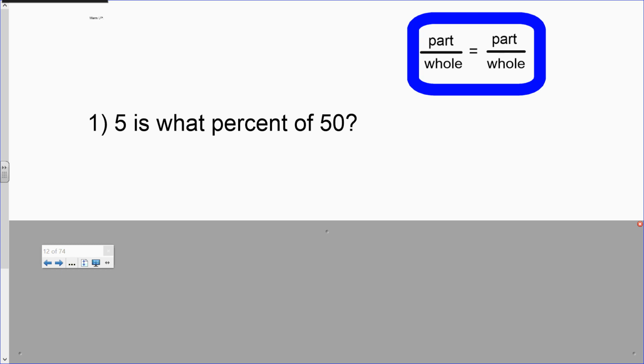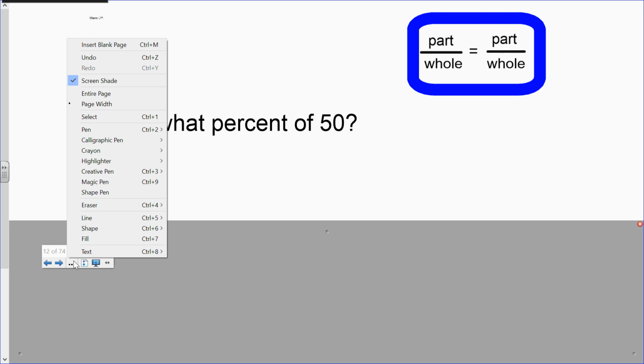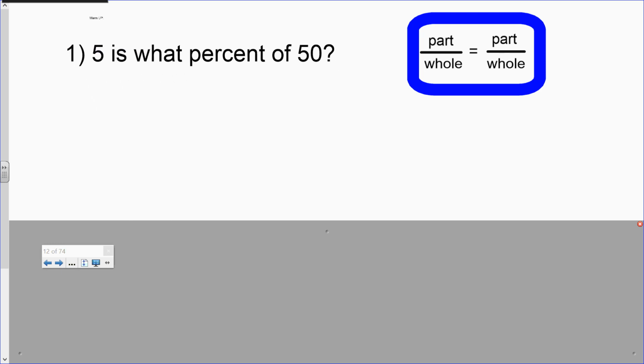Watch the power of this part to whole formula. Does this involve percentages, or does the word percent come up in any way? Yeah, right there. Boom. There's a percent. So without even thinking, watch what I'm going to do.